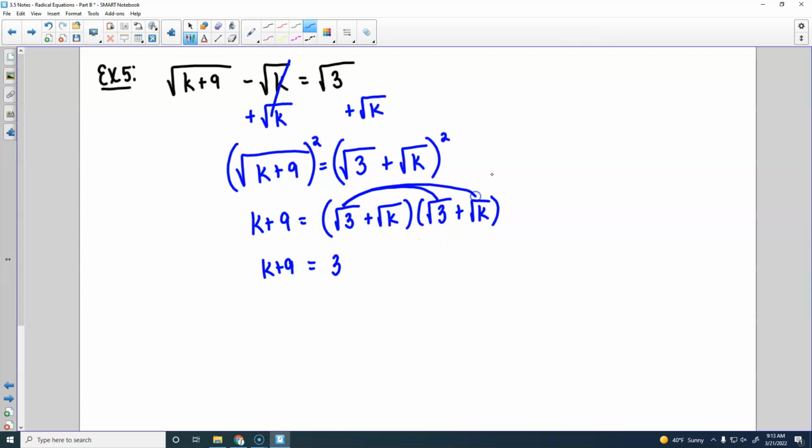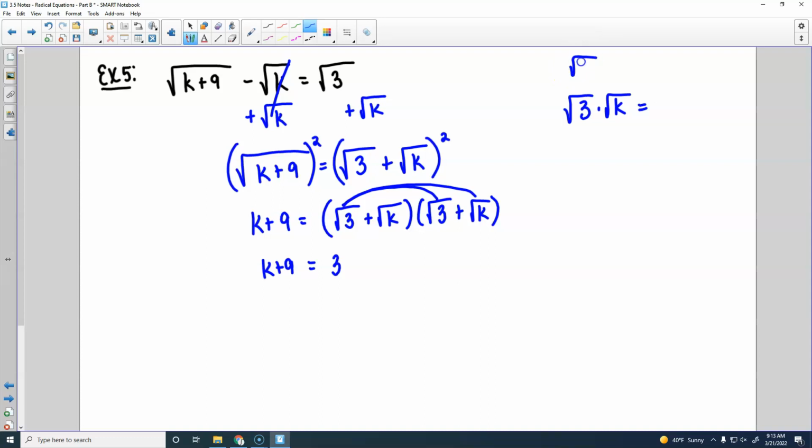What do we get when we do square root of 3 times square root of k? What's that going to give us? Okay, Hallie, what do you think? What are we going to get when we do square root of 3 times square root of k? Kind of close, but not just the 3k.